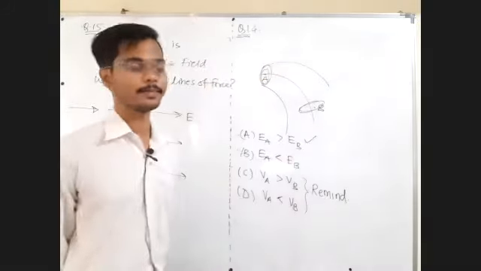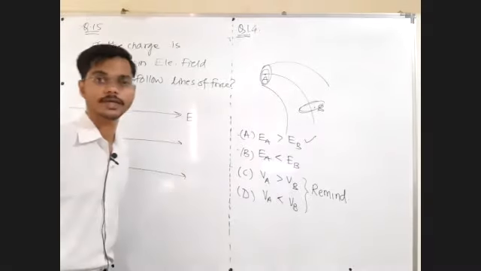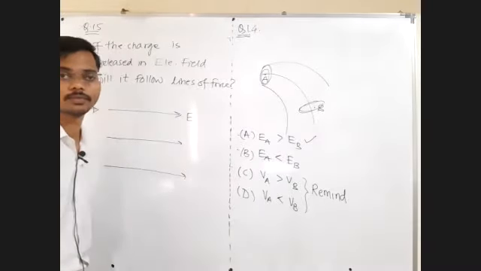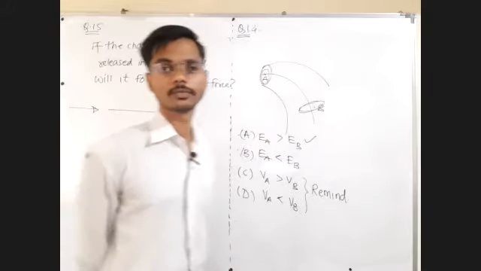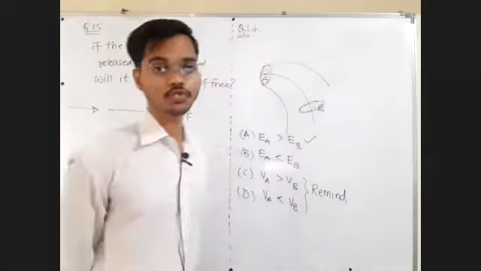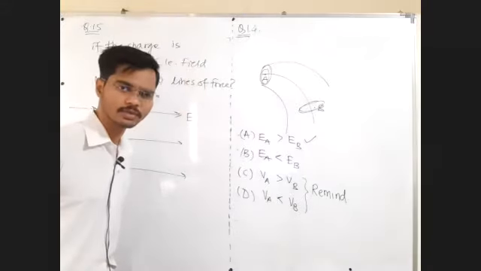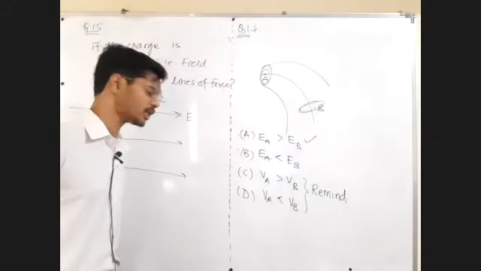It has a particular name. Very good, Prasad. Advait. It is called what, guys? Sir, it is called a uniform electric field. Uniform electric field means it has the same magnitude and same direction at each and every point.